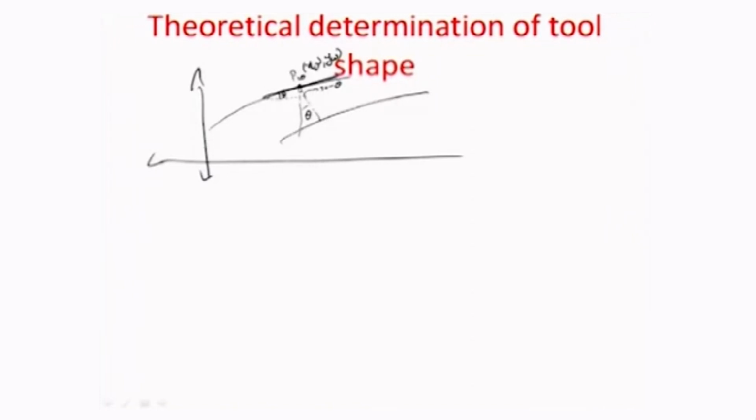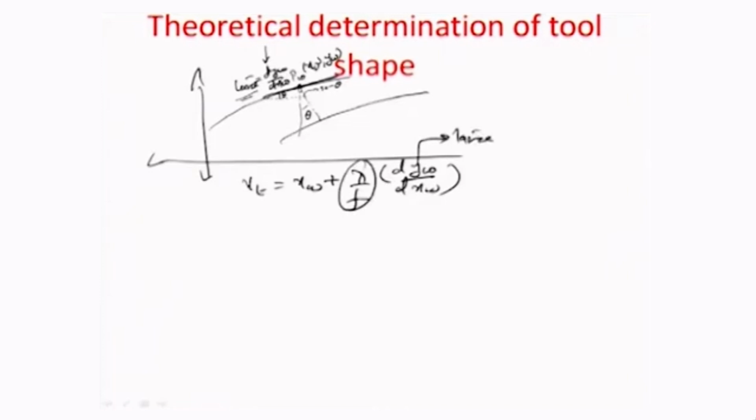So, this tan of theta is actually dyw by dxw, right, and so therefore, we can safely assume that g tan theta can be expressed as xt equal to xw plus lambda by f dyw by dxw, right, tan theta. This is the g tan theta.